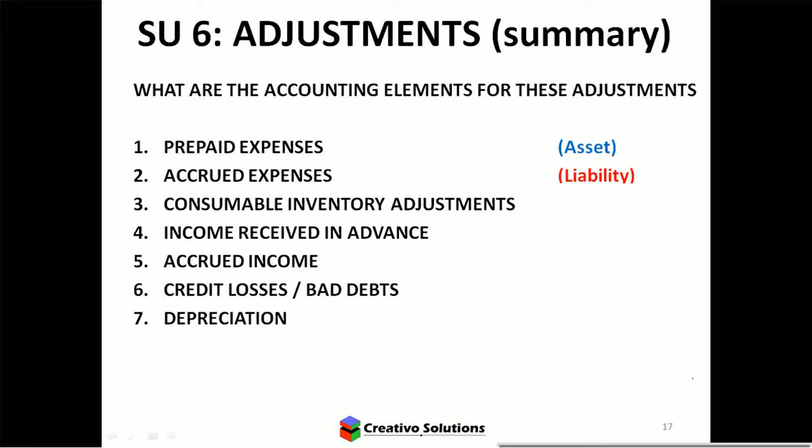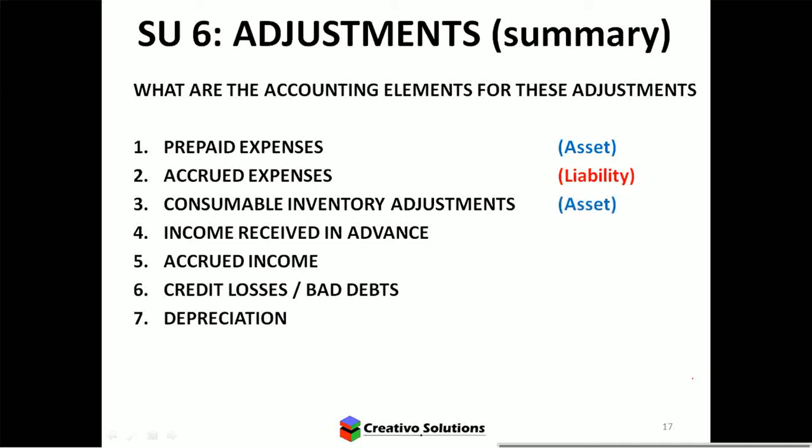Yes. So this consumable inventory adjustment would be for something that I haven't fully utilized. Okay, so leftover stationery, leftover packing material. Businesses don't use all their stationery every year. Some of it is carried forward to the next year.